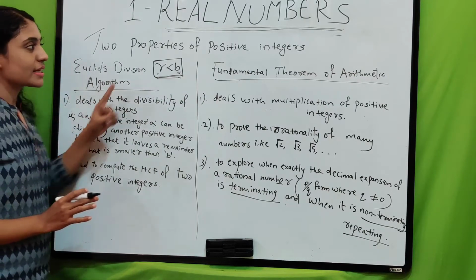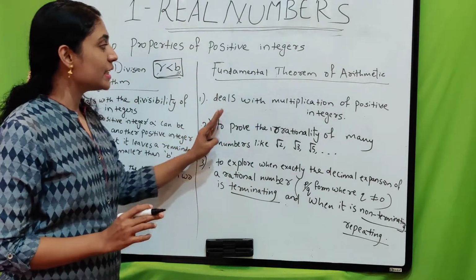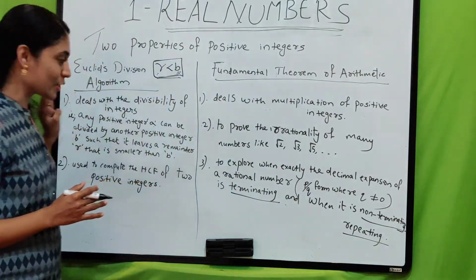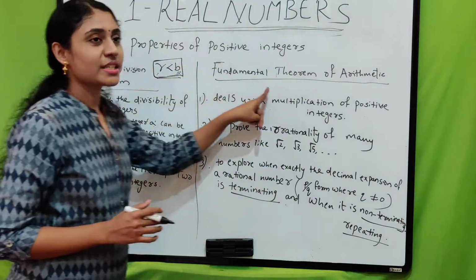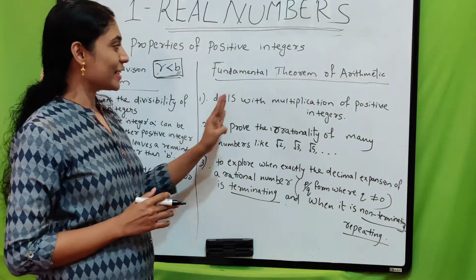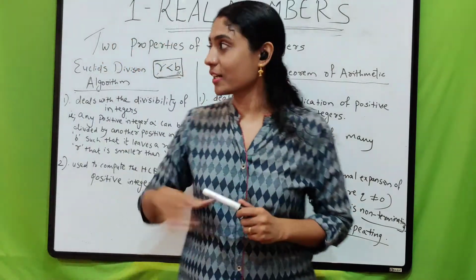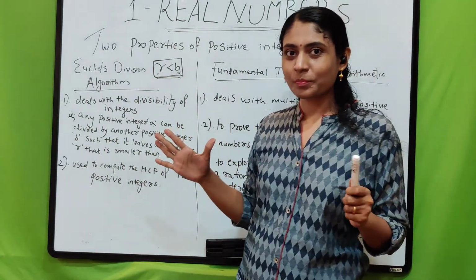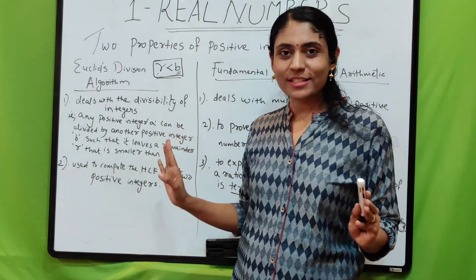Understood? While the fundamental theorem of arithmetic deals with multiplication of positive integers. So when it comes to divisibility, it is Euclid's division algorithm, and when it comes to multiplication of positive integers, it is the fundamental theorem of arithmetic. Here it is divisibility, here it is multiplication. So two important properties are discussed in this chapter.